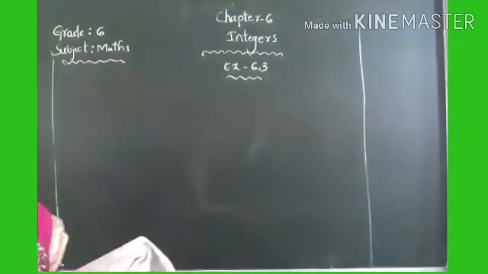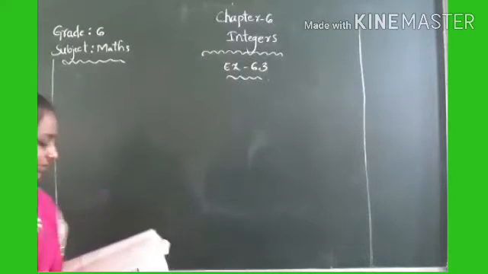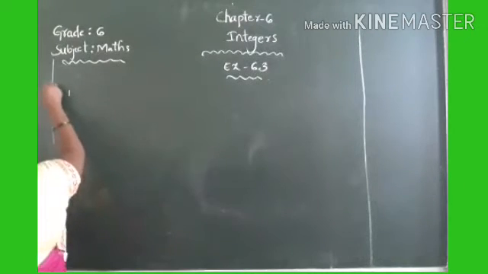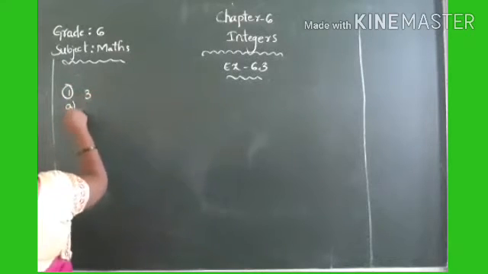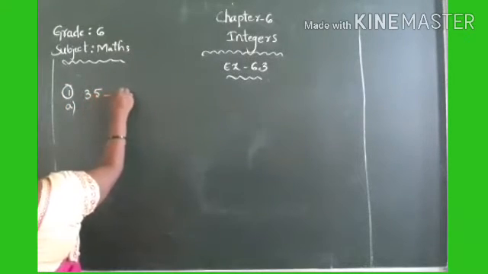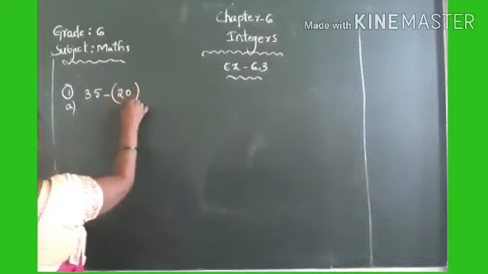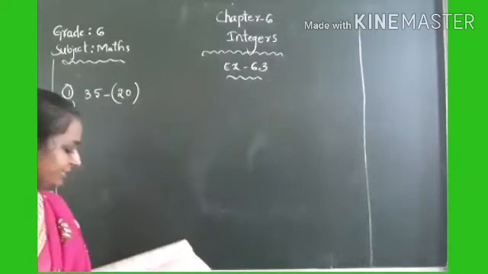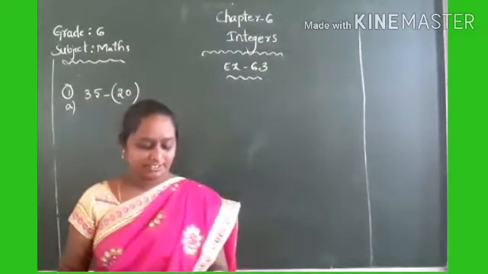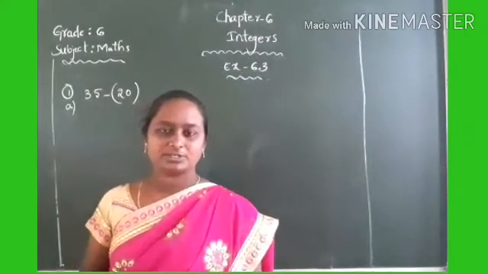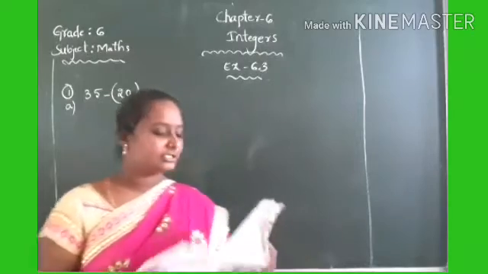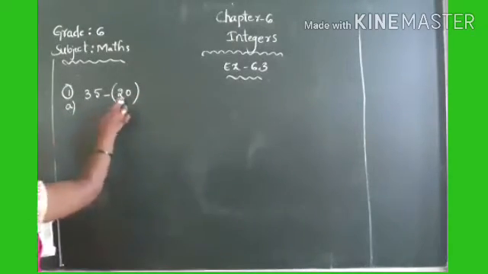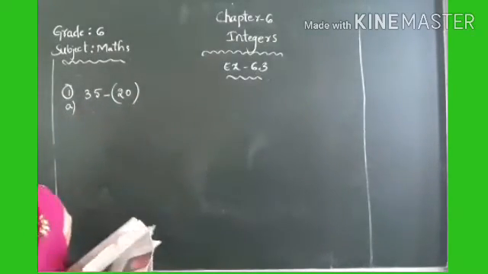So first one, find A1: 35 minus 20. Here he didn't mention using the number line. So without using the number line, how to find? Here 35 minus 20. What do you have to do here?